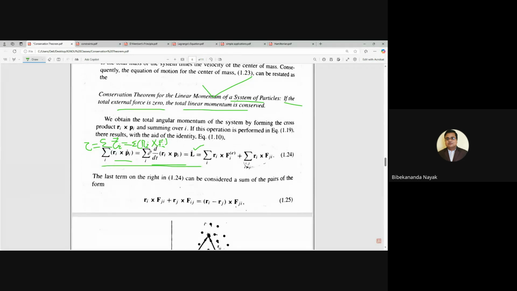On one side we got this, but from this term I can also write r_i cross F_i. But F_i is equal to F_i external plus F_ij.